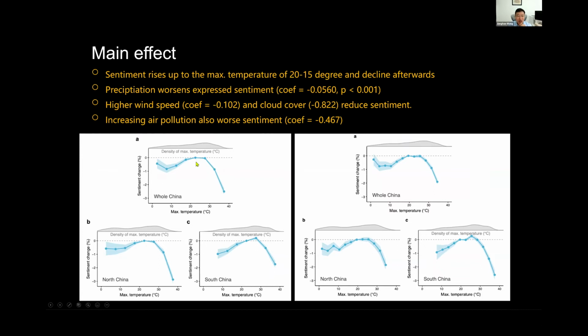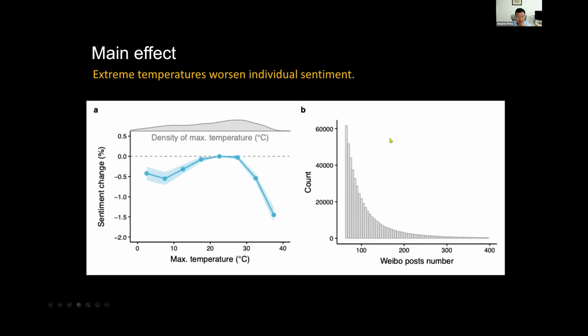For the most comfortable temperature, people have the highest sentiment scores, but most people are very sensitive to extremely hot temperatures. And for other weather, for example, precipitation will worsen sentiment, and high wind speed and cloud cover will also reduce sentiment. Increased air pollution also worsens the sentiment, as we introduced before.